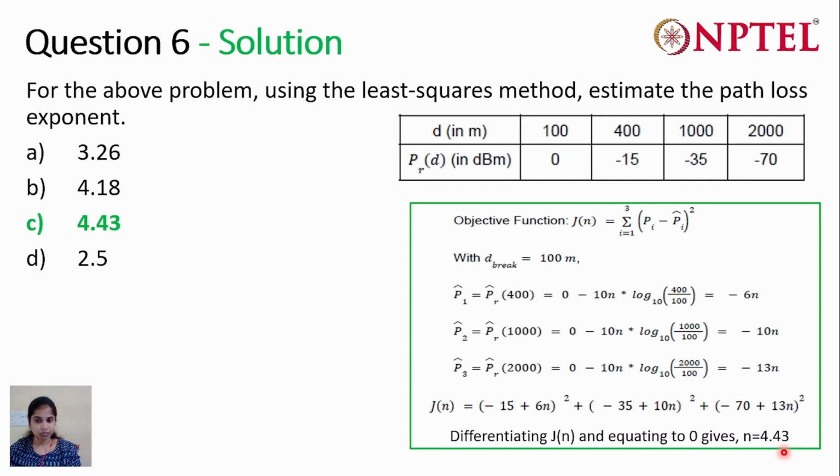Otherwise, we can substitute all these options A, B, C, D, and for whichever the function is minimum, that is the correct answer. Maybe that also you could do. But the actual procedure when you're asked to do the least squares method and find the estimated path loss exponent is the way I showed.